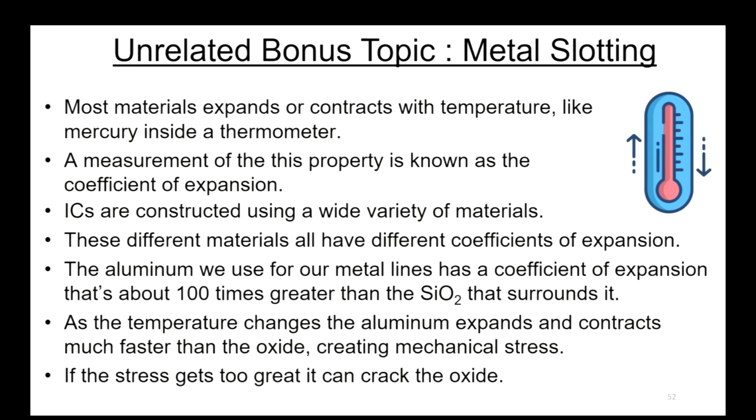The aluminum we use for our metal lines has a coefficient of expansion that's like 100 times greater than the silicon dioxide that surrounds it. As the temperature changes, the aluminum expands and contracts much faster than the surrounding oxide, and that creates a lot of mechanical stress. If that stress gets too great, it can crack the oxide.